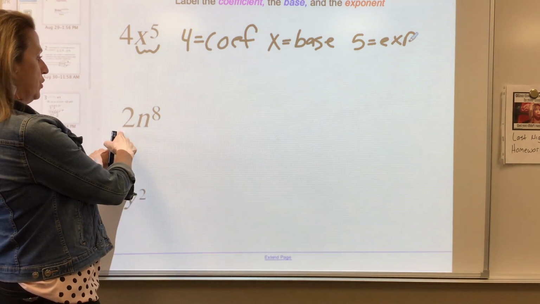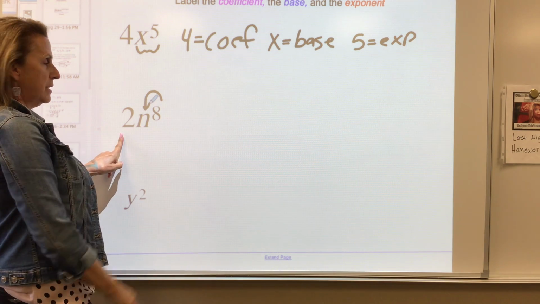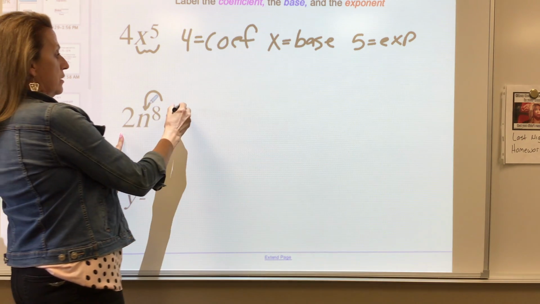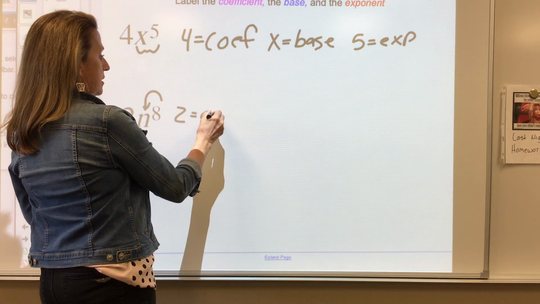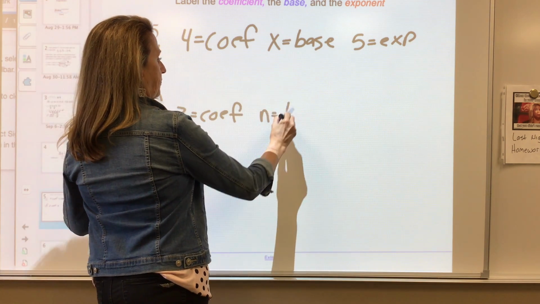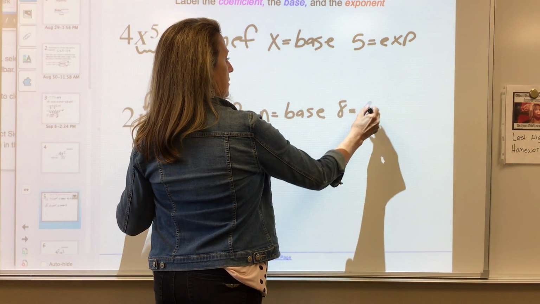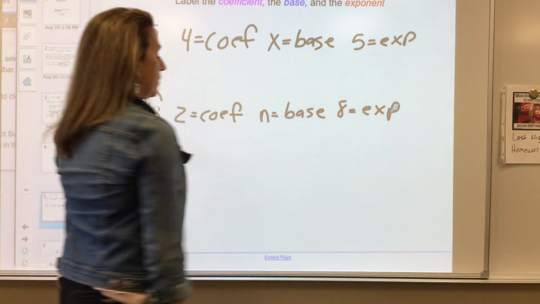Down here we have this 2. It is not getting the power of 8, only the n is. So 2 becomes my coefficient. And I'm abbreviating again. N is my base, and 8 is my exponent.